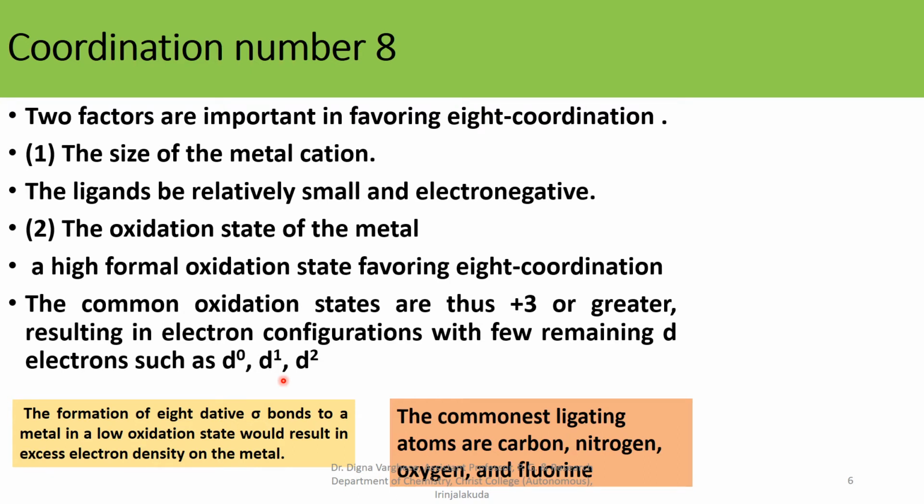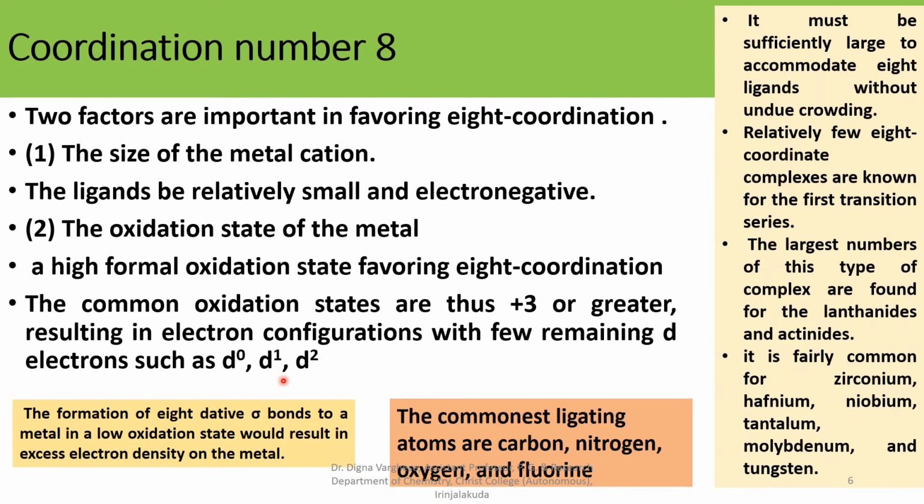The size of the metal cation must be sufficient to accommodate 8 ligands, so it forms a stable 8 coordination complex. The metals must be sufficiently large to accommodate 8 ligands without undue crowding.